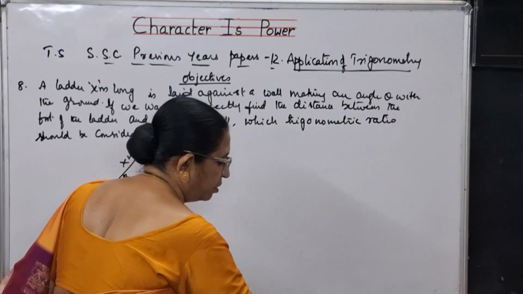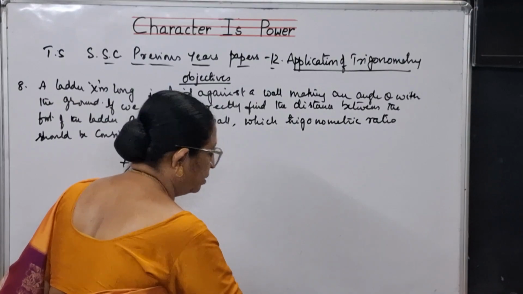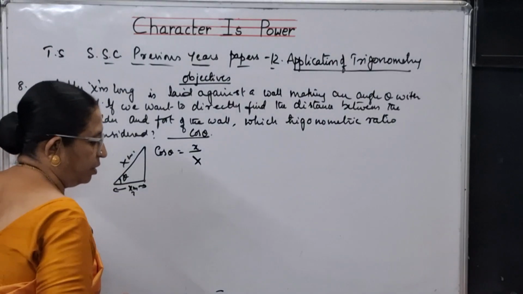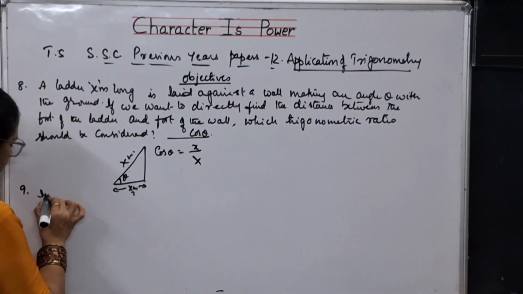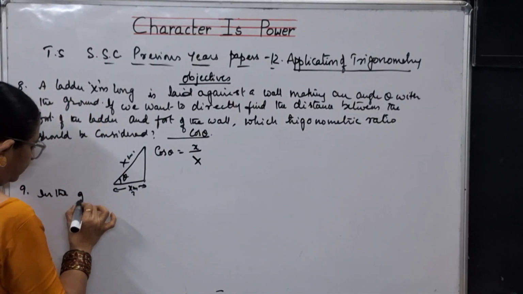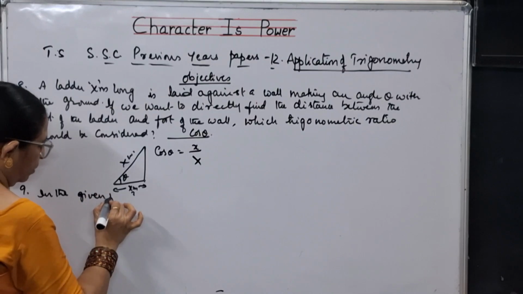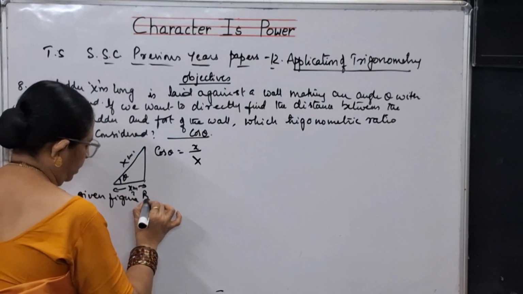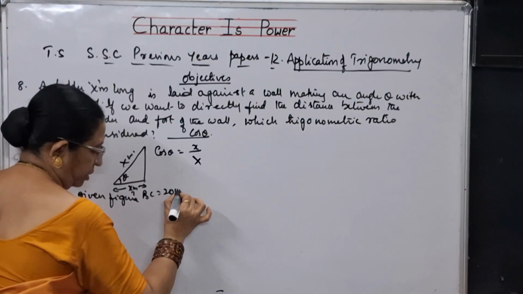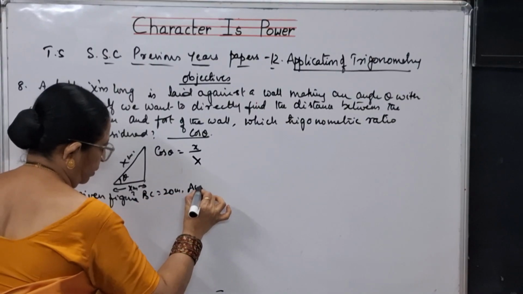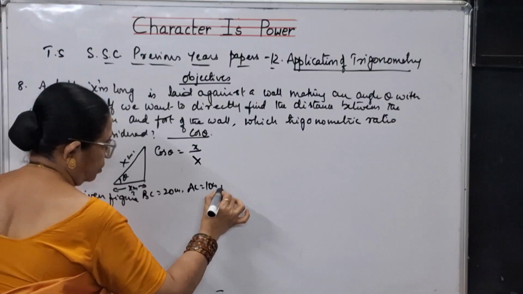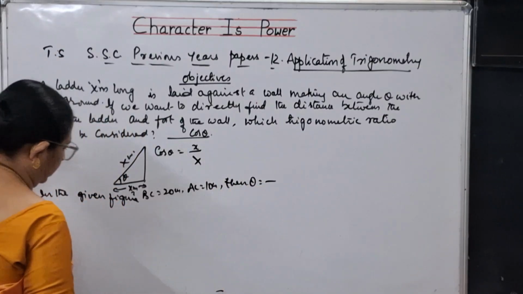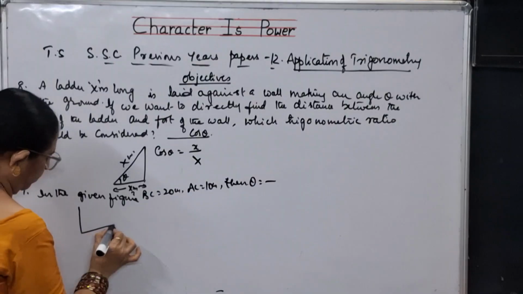Next, we will see the ninth one. In the given figure, BC is equal to 20 meters, AC is equal to 10 meters, then theta is equal to dash. The figure is given like this.